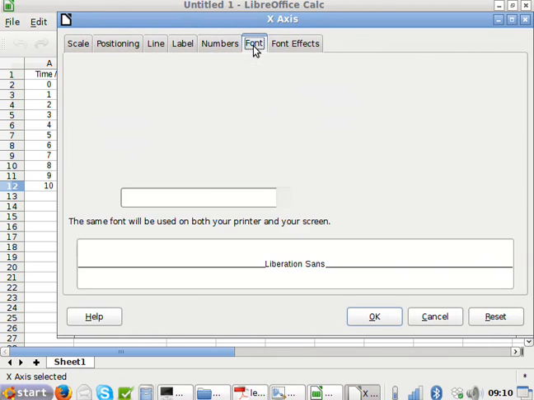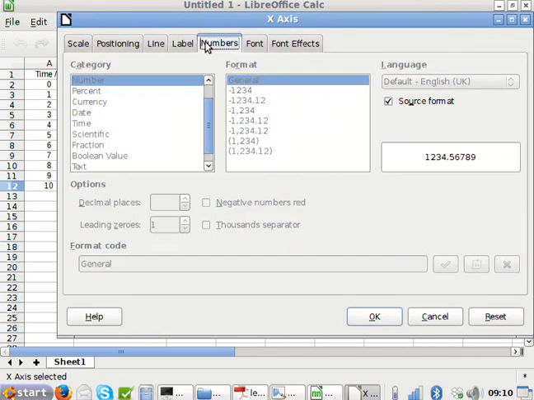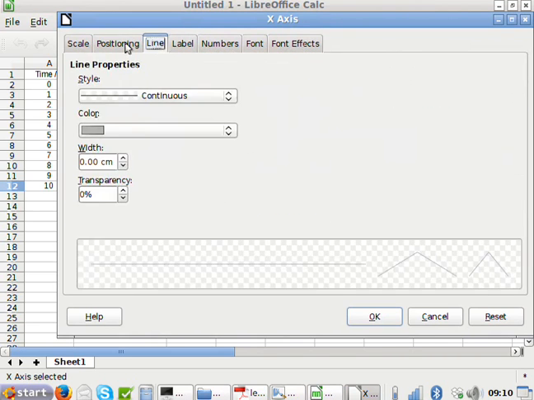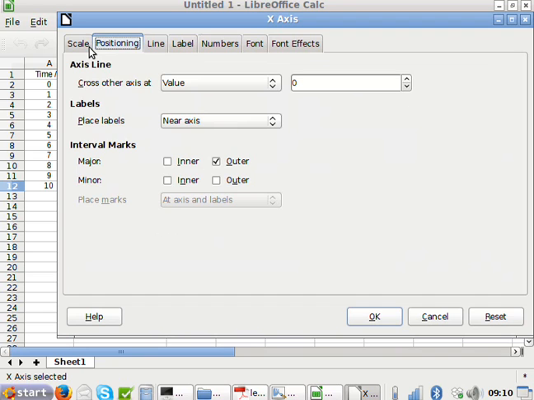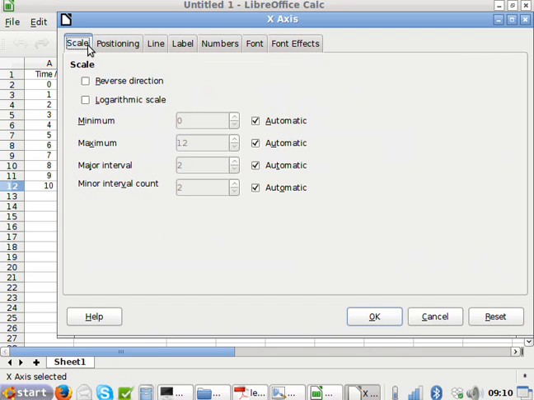Okay, so the first question is to get the time. I wonder if I can make more units on the x-axis.